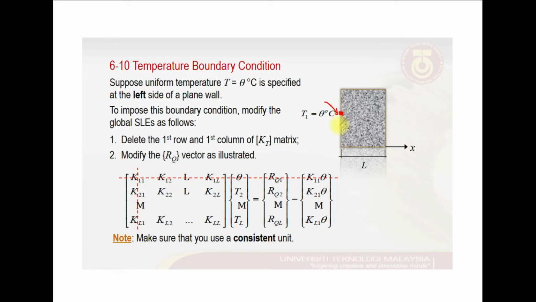So assuming that we know the temperature, which is uniform, applied on this left side of our wall, then to impose this boundary condition, we have to modify our global system of linear equations, which we know is in the form of KT equal to R. In order to solve this system, we have to apply the boundary condition.